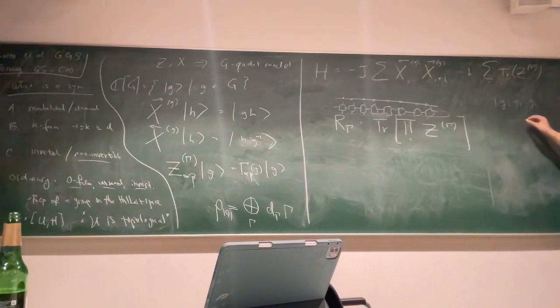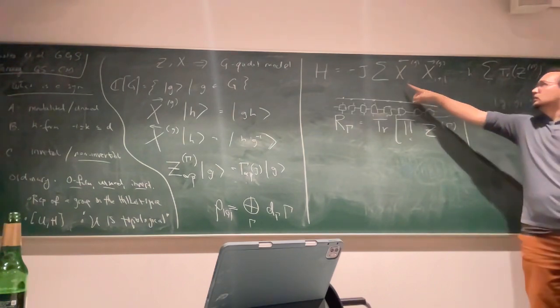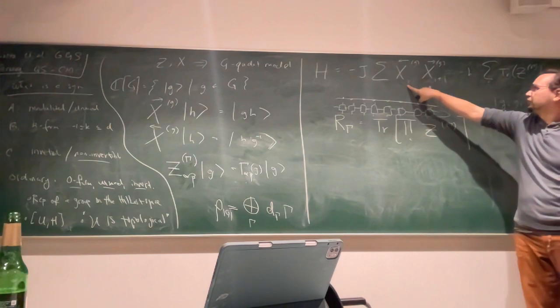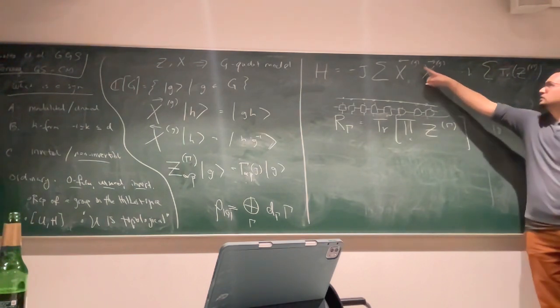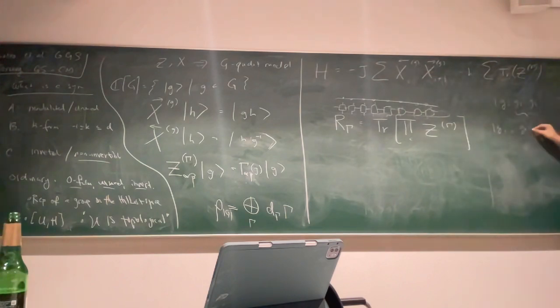And then if I act with this operator, G1 stays the same, the second site goes to G2, let's say I'll just use H inverse, this site gets multiplied from the left by H, G3, and so on.